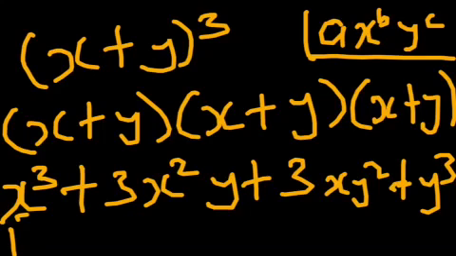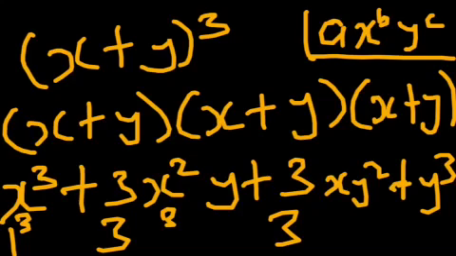So it always adds up to 3. Here 2 plus 1 adds up to give you 3. Here, 2 plus 1, they always add up to give you 3. And here as well, the exponent is 3, and the exponents add up to give you 3.